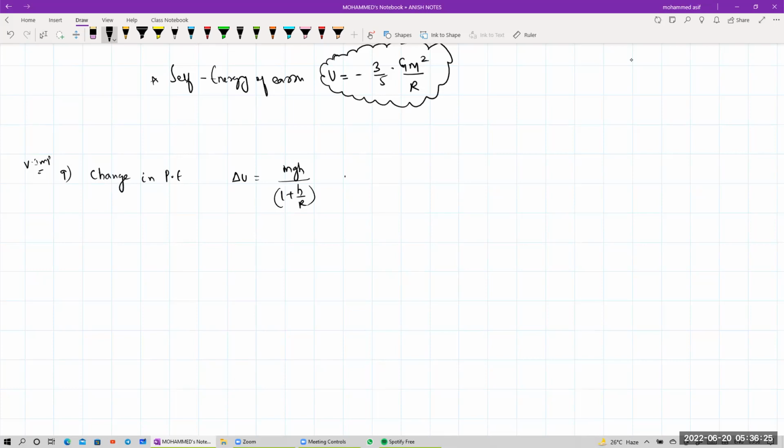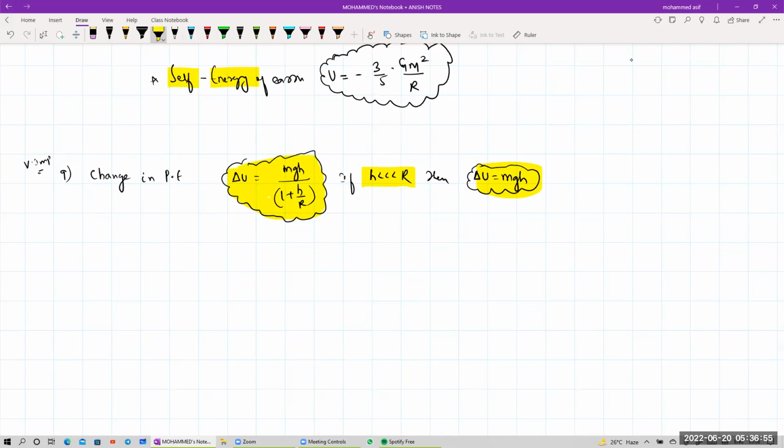If h is much less than r, then potential energy can be written as mgh. The general potential energy is mgh, but in terms of acceleration due to gravity or in terms of the Earth, it is mg h divided by 1 plus h by r. If h is very small, then we write the relation as delta U equals mgh.